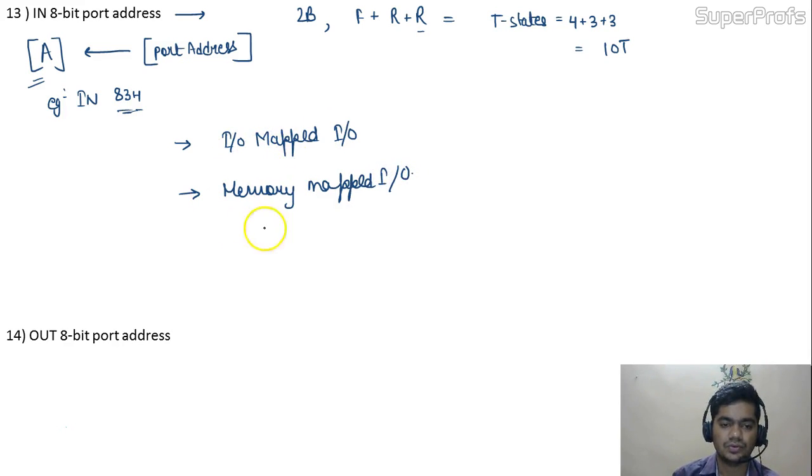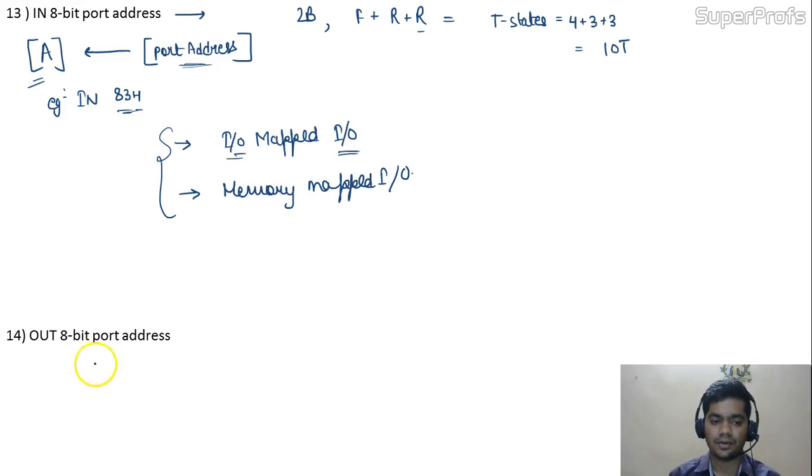Okay, so these 2 operations would be understood more clearly in the interfacing part, but we can mention here that we can transfer data directly from the input device, or we can take this data present in the memory, hold this memory address, and access the data from that also. So it would be IO mapped IO and memory mapped IO.